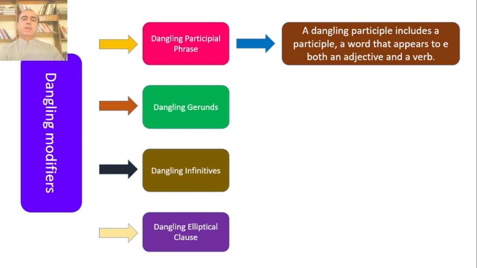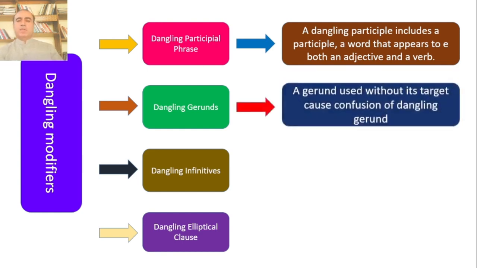What is a dangling participle phrase? In case of a dangling participle phrase, a participle, a word that appears to be both an adjective and a verb, has its target word missing. If it is an adjective, then it might be describing a certain noun. So if that noun is missing, we need to supply that.